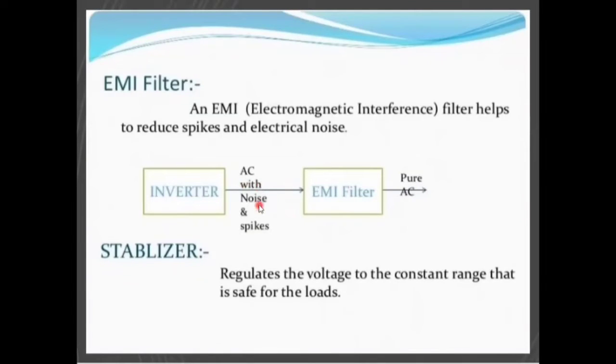This is the AC with noise and spikes, which is the inverter output using power transistors, MOSFET. This is the AC with spikes, a square wave or sine wave. Then after connecting the filter circuit, the filter removes the unwanted component and gives the output, that is pure.